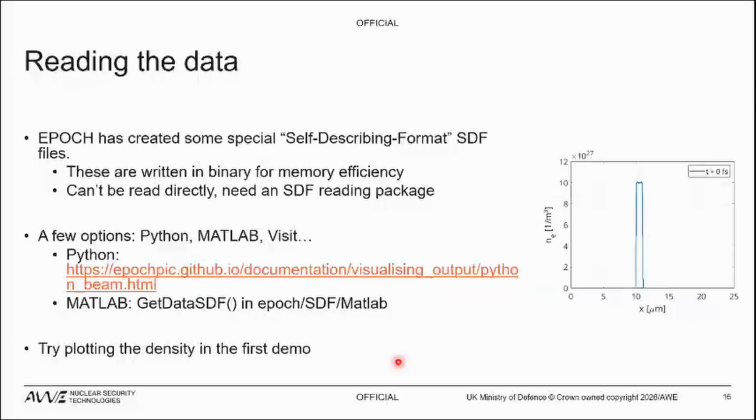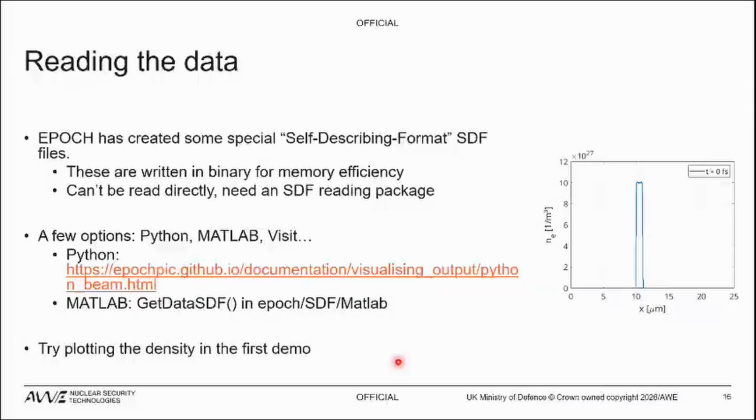That might seem like an unnecessary abstraction, but it means that you can pack far more data into a given file size, which again is very useful when you go to large 2D, 3D simulations, because even though you're saying, I only want this piece of data at this point, that can still overwhelm the file system if you're not being careful about it. So SDF just gives us a lot more flexibility with what we can use, at the cost of needing a specialist reader to interpret SDF files.